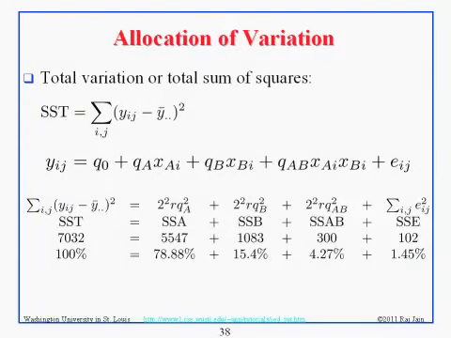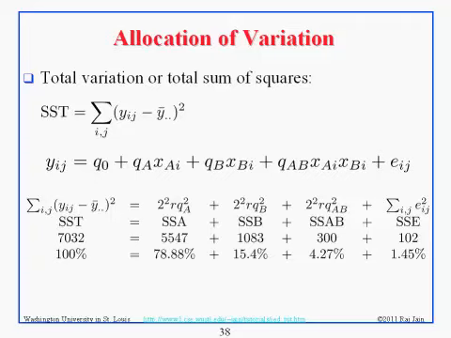If you do that square and sum, you will find out that the total sum of squares has 4 parts instead of 3 parts before. We have QA square, QB square, QAB square plus the error square.